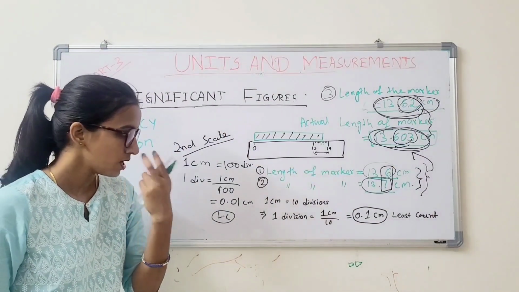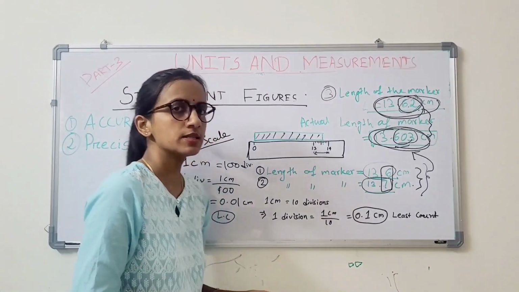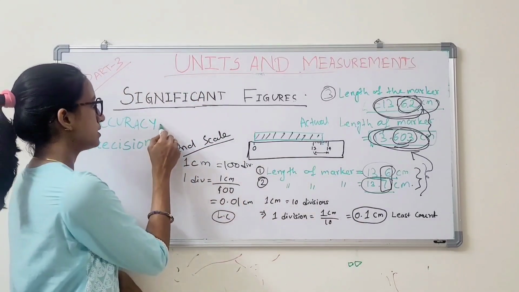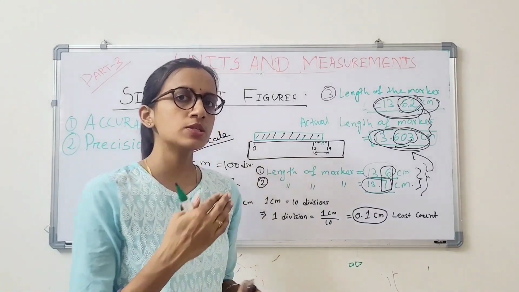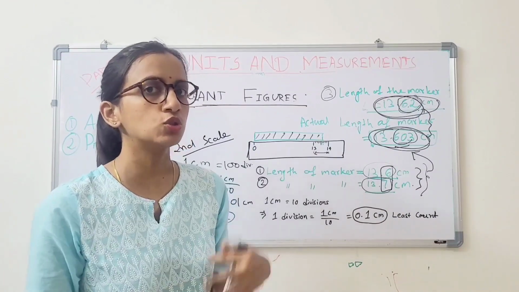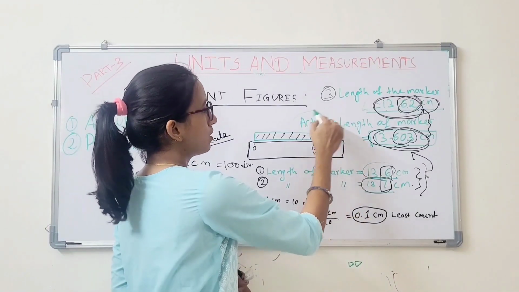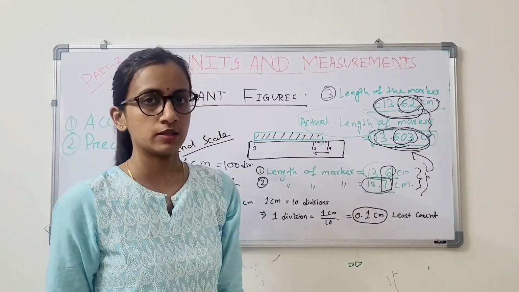Okay. So precision and accuracy are two different things. First, accuracy gives you the measure of how close your measurement is to the true value, the actual length, in this case the true length of the marker.